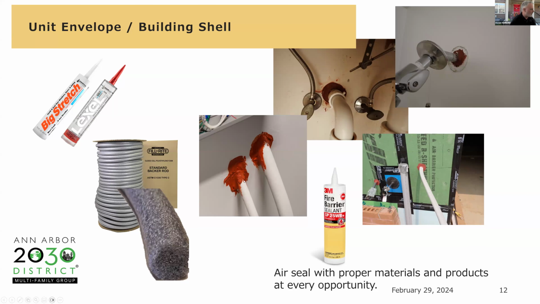Here are examples where we got fire barrier being used as an air stop for plumbing penetrations. And then this blue plate here, that's called quick flash. That can be used to seal. So usually when a plumber or electrician puts something through a wall, they're going to use a drill bit that is significantly larger than what's going through there.